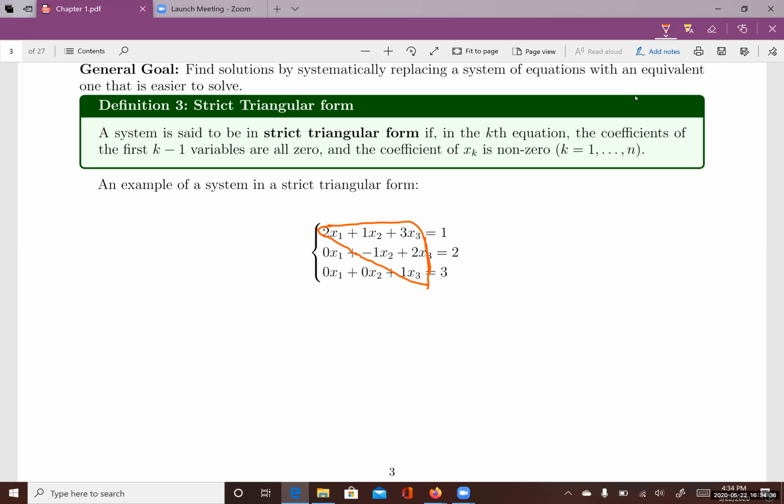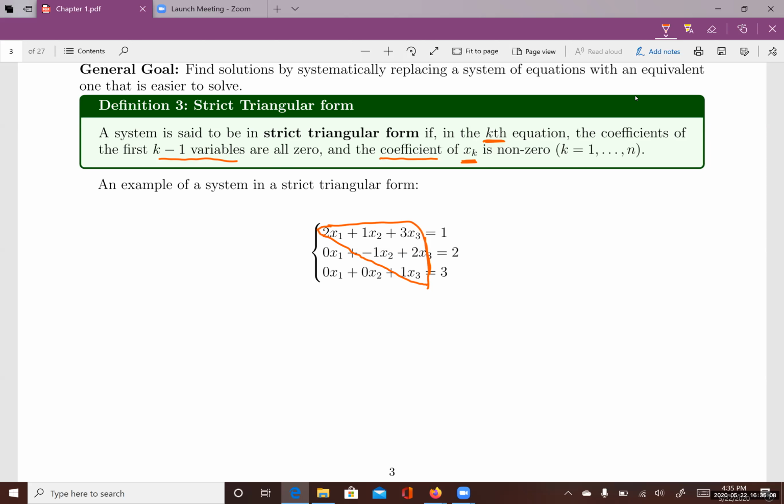This is an example of a strict triangular form of a system. By definition, a system is in strict triangular form if, in the kth equation (the first, second, third equation), the coefficients of the first k minus 1 variables are 0, and the coefficient of xk is non-zero.